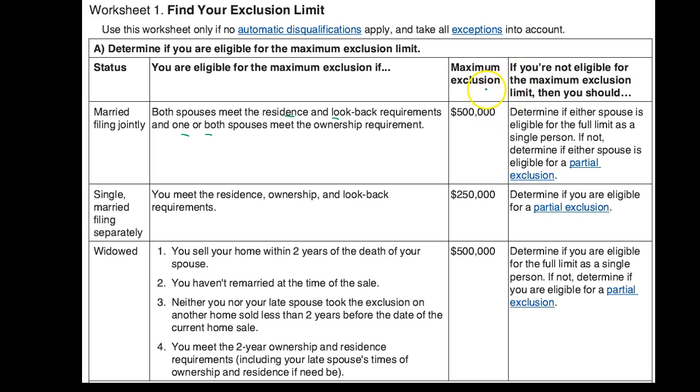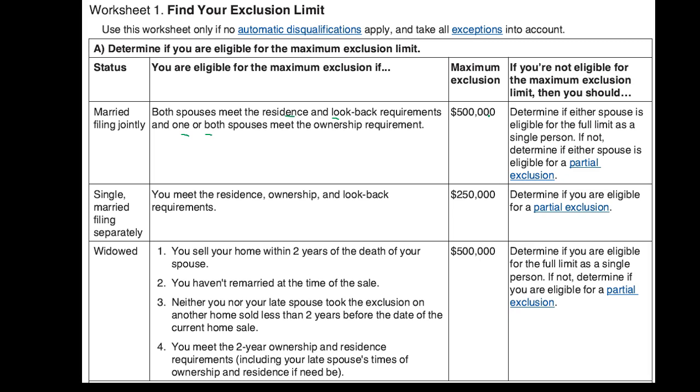And then if you're not eligible for the maximum exclusion limit, what should you do? Determine if either spouse is eligible for the full limit as a single person. If not, determine if either spouse is eligible for a partial exclusion.